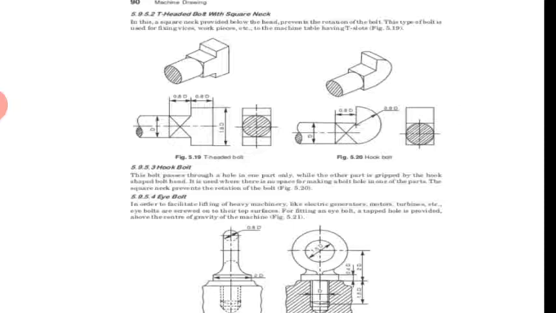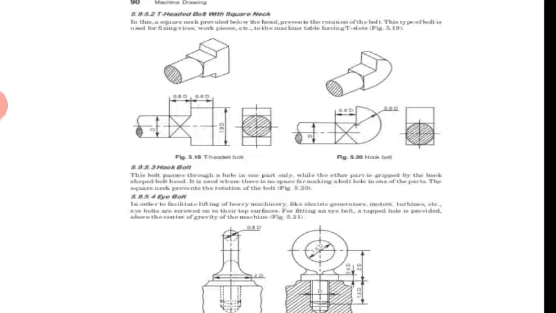The square neck prevents the bolt from rotating. Both the side view and front view of T-headed bolts are shown, but we have to draw the front view and side view.